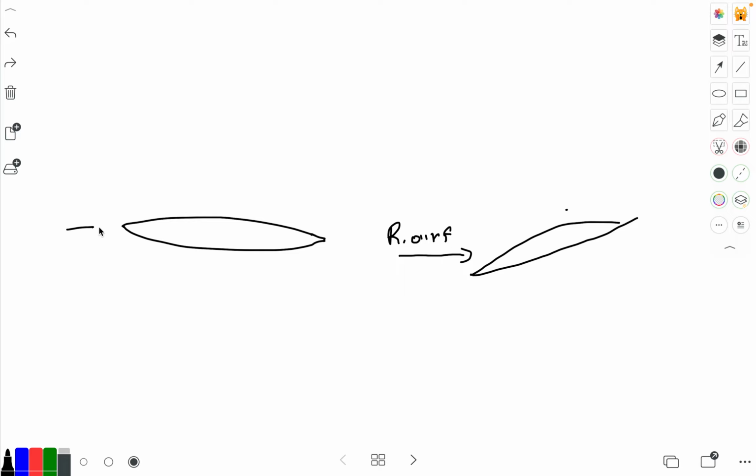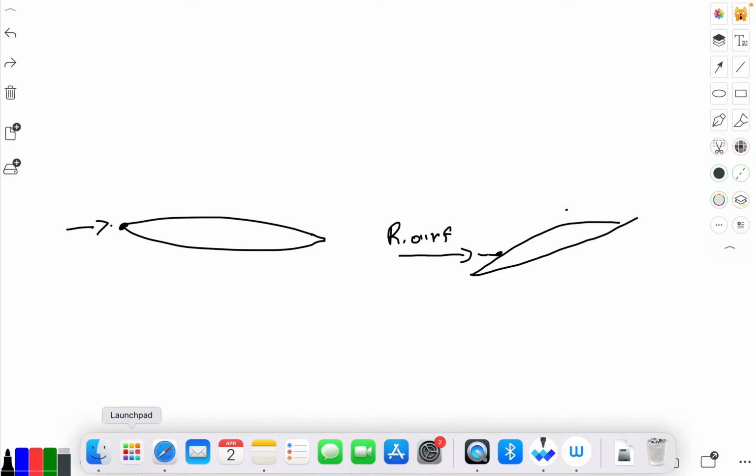The stagnation point on the airfoil is right here, and on this airfoil it's somewhere here. So the stagnation point moves up.